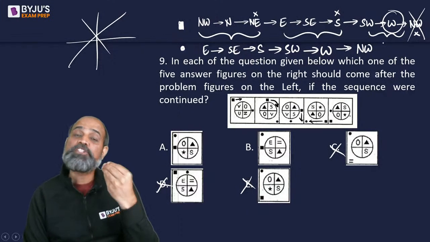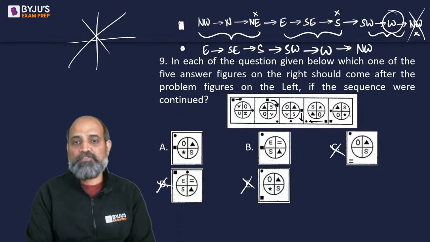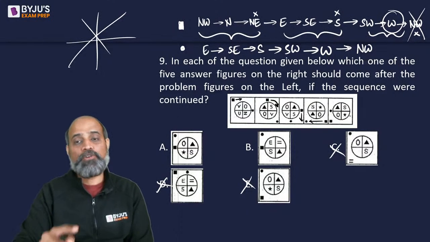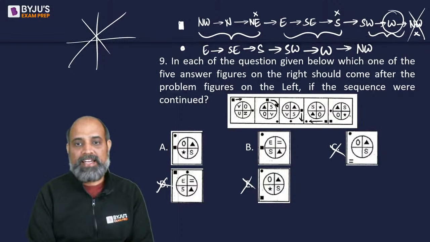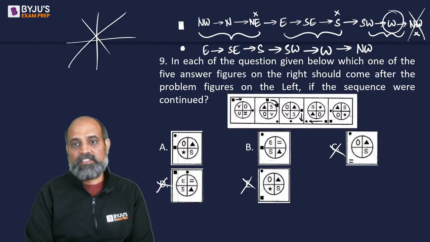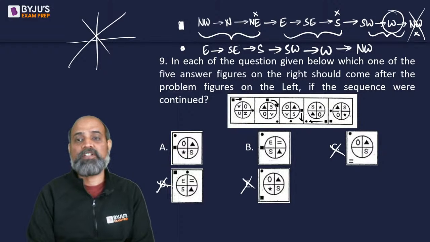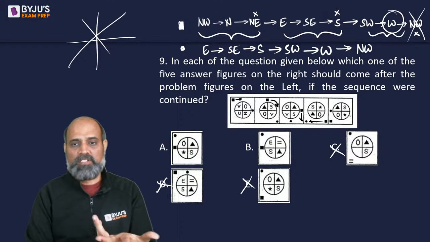Then comes in the shapes or the letters we have inside the circle. So we have V, O, Z, U if I read them clockwise. Then we have V, O, triangle, 5. Then we have V, S, star, O. Then we have triangle, S, star, O. Then we have circle or O?